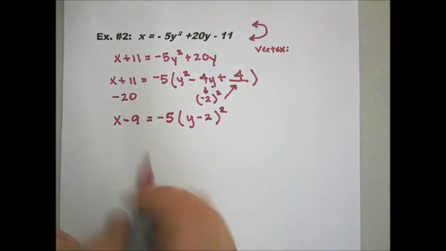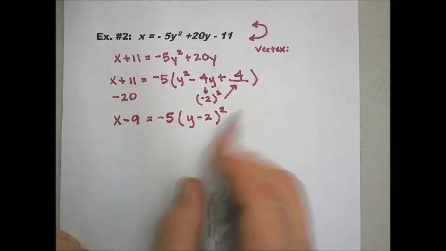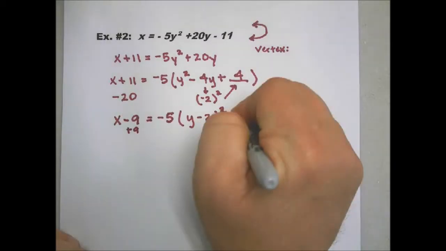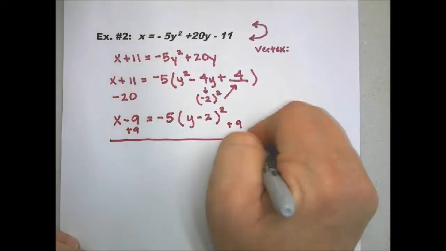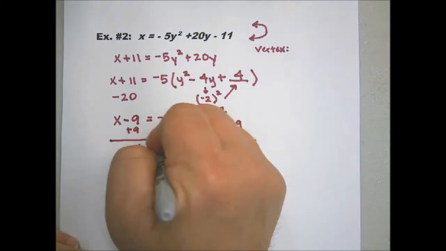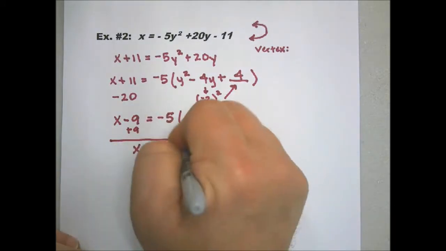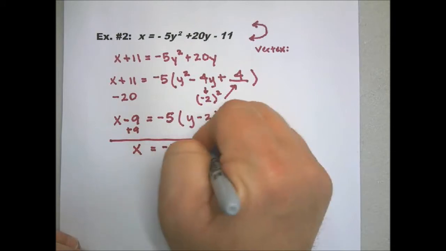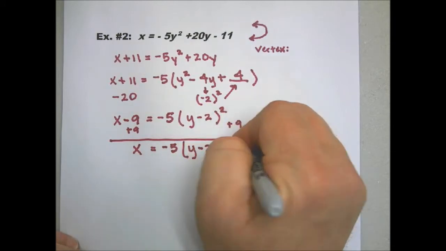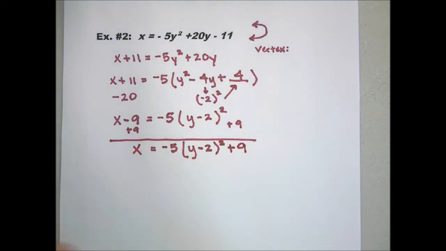And now I'm going to take that constant back over to the other side by adding 9 to the end of the equation. And now I'm going to have x equals negative 5 y minus 2 squared plus 9. So there's my equation.